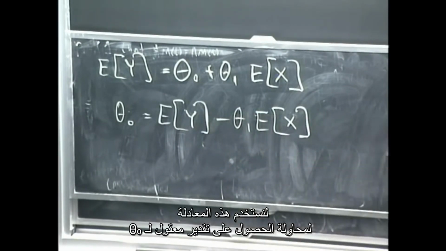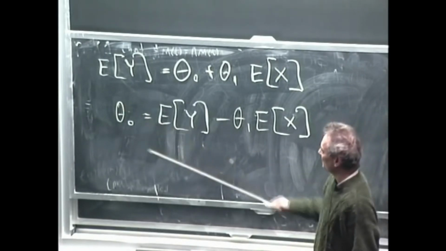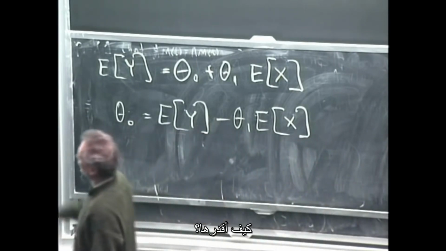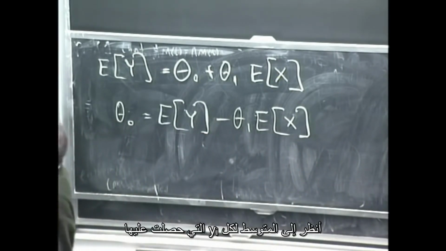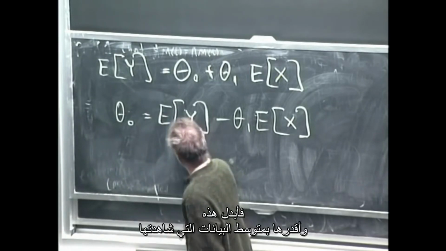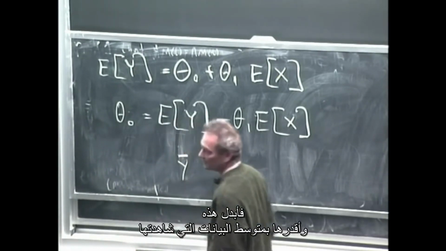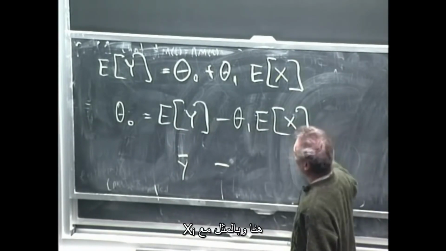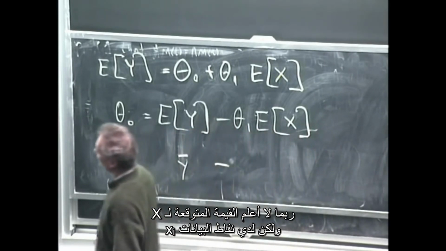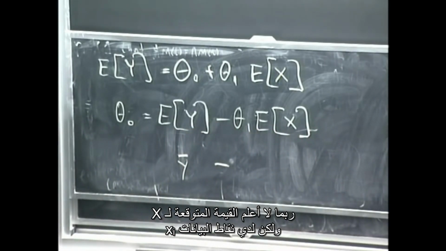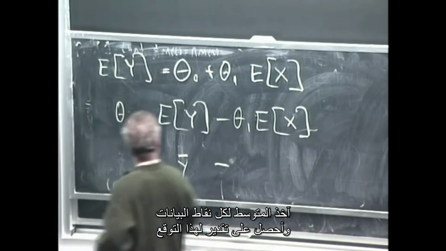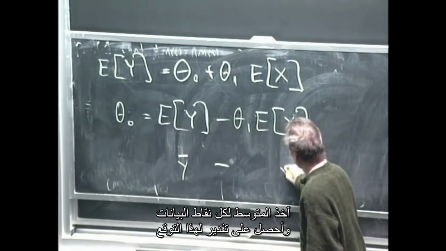Let's use this equation to try to come up with a reasonable estimate of theta 0. I do not know the expected value of y, but I can estimate it. How do I estimate it? I look at the average of all the y's that I have obtained. So I estimate it with the average of the data I have seen. Similarly with the x's, I might not know the expected value of x, but I have data points for the x's. I look at the average of all my data points and come up with an estimate of this expectation.